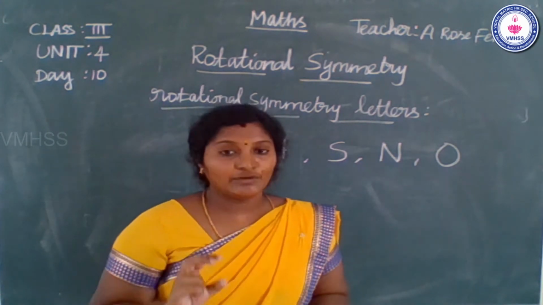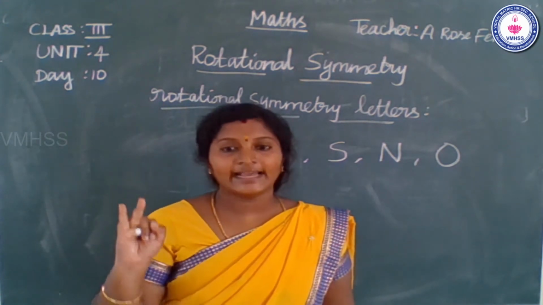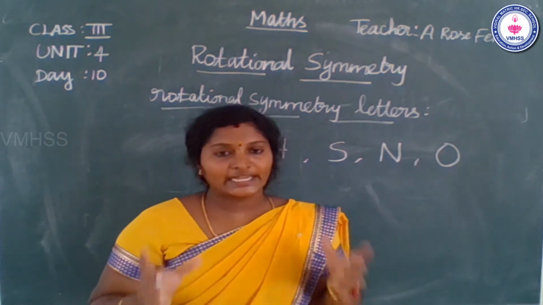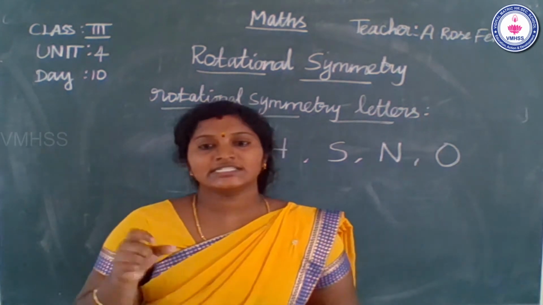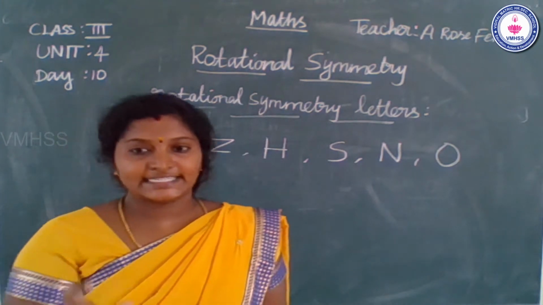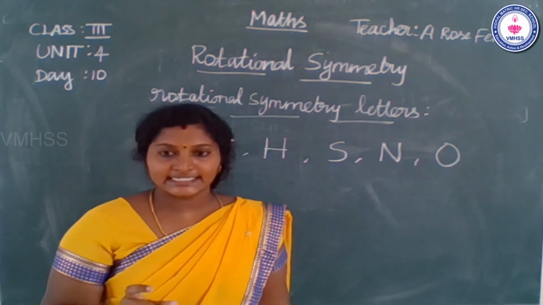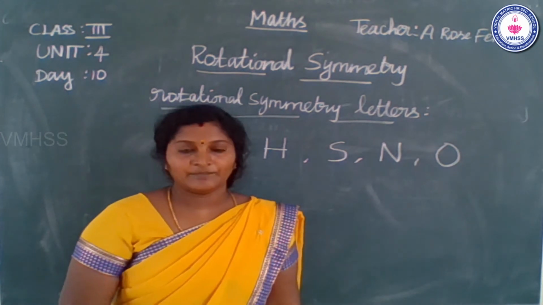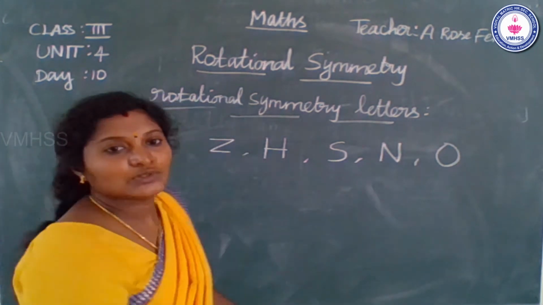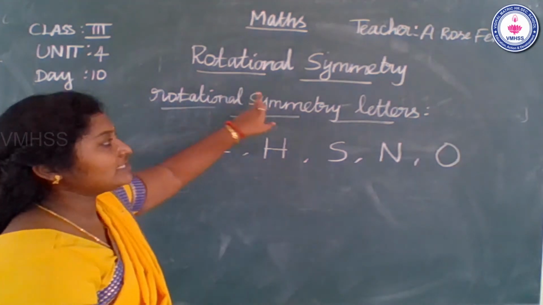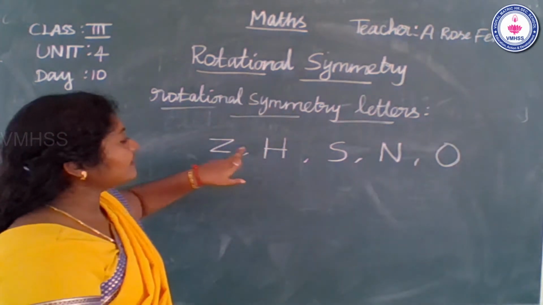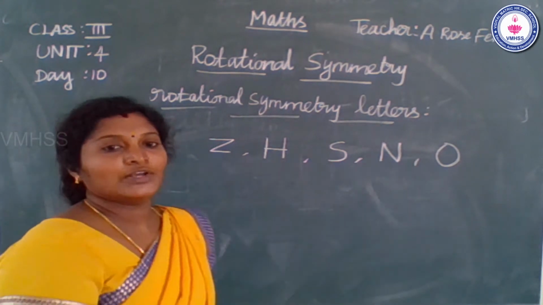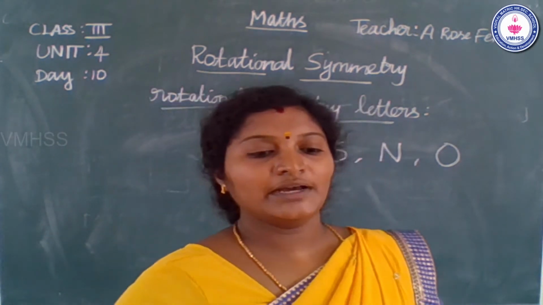The alphabets Z, H, S, N and O have rotational symmetry. Once again, the alphabets Z, H, S, N and O have rotational symmetry. Do you understand? See the board. Rotational symmetry letters Z, H, S, N and O. Do you understand?